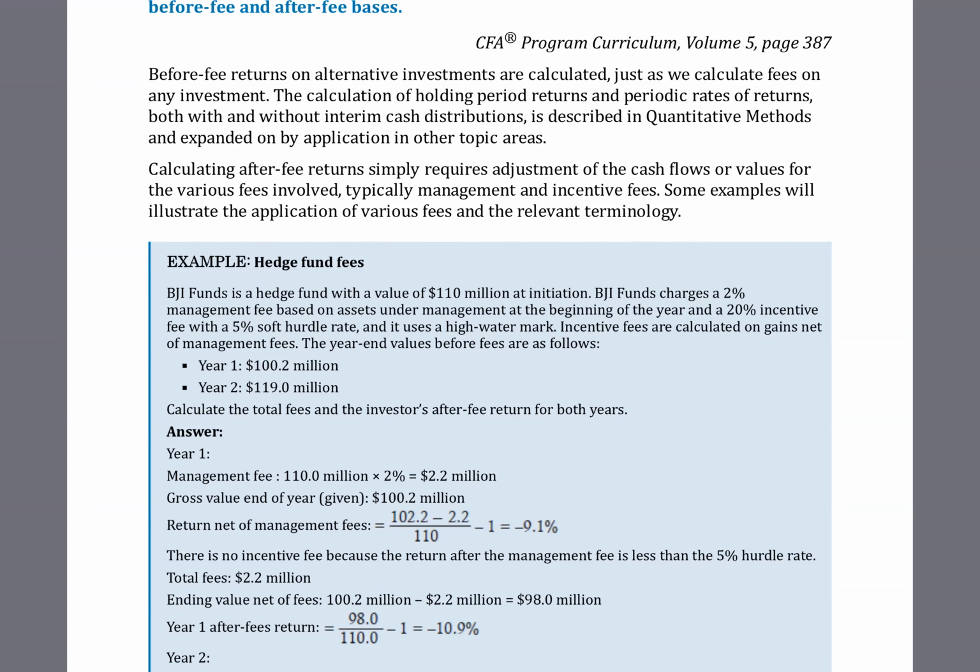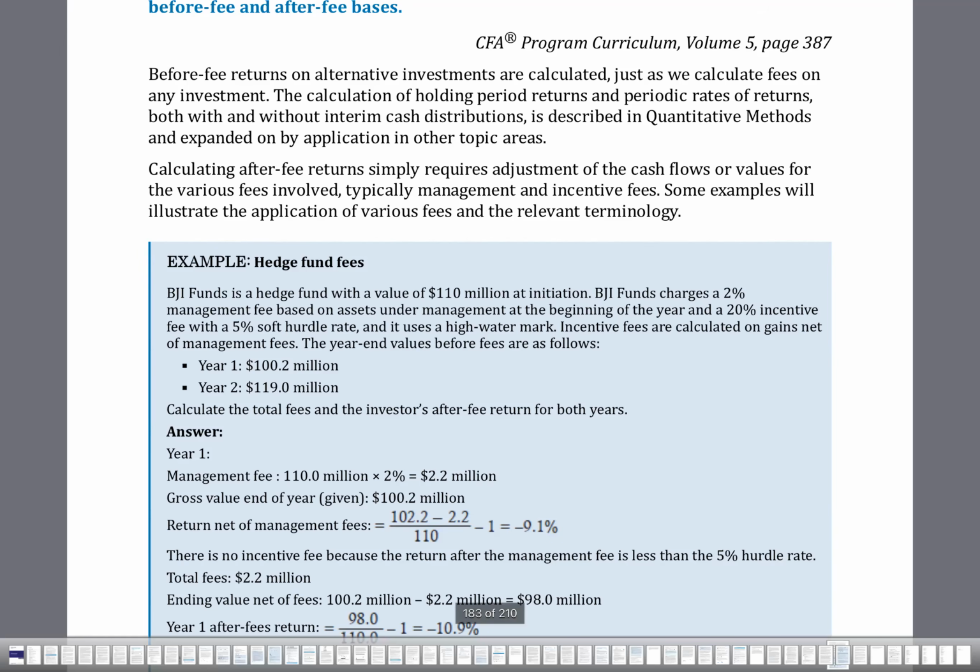But if you don't exceed the 3, I'll not pay you the bonus at all. So the soft hurdle is saying that if you started with 110, and then I asked you to make 5% of the 110, if indeed you make that 5% of the 110, then at the end of the day, I will pay you a return of 20% of the total amount that you have made.